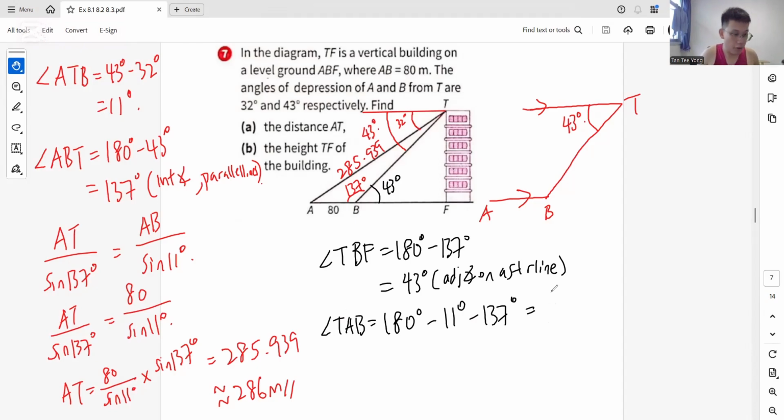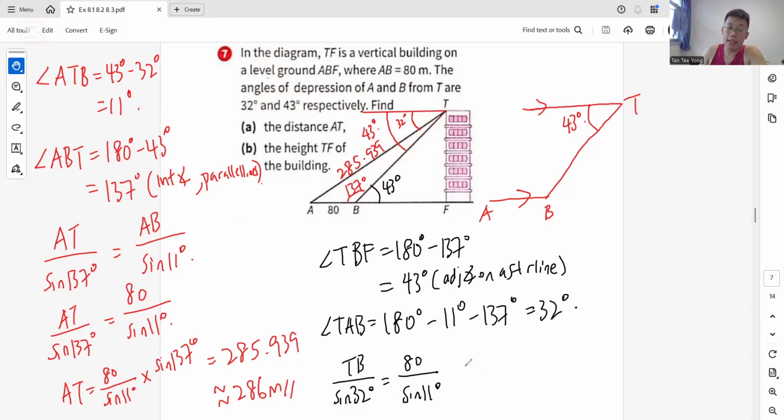Let me calculate. Yes, 32 degrees. Then we can use sine rule: TB over sine 32 degrees equals 80, which is AB, over sine 11 degrees.